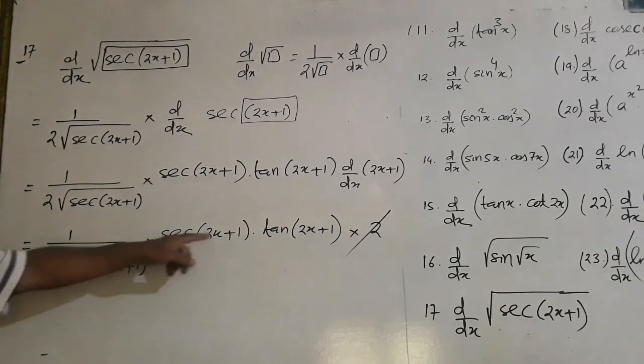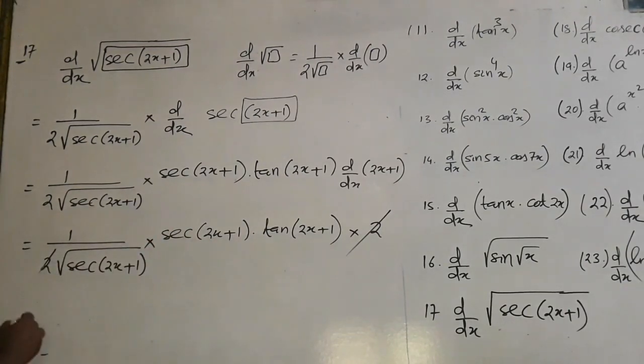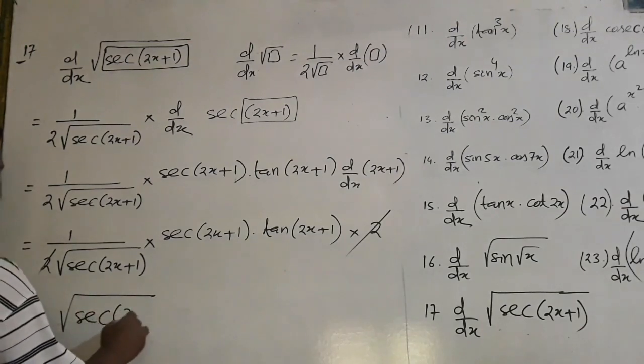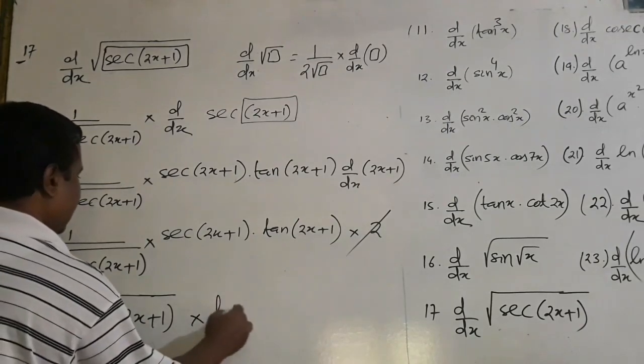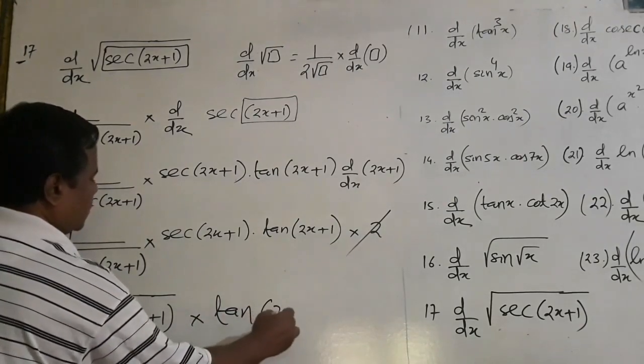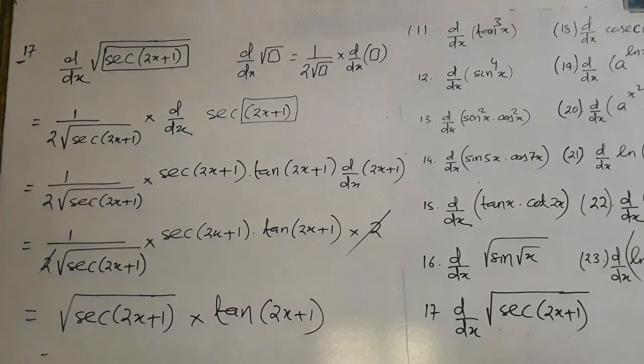Here sec 2x plus 1 root over. The answer will be sec 2x plus 1 root over into tan 2x plus 1. This is the answer.